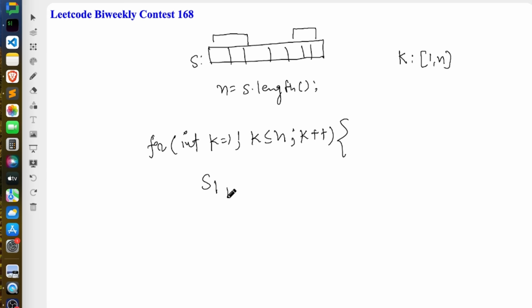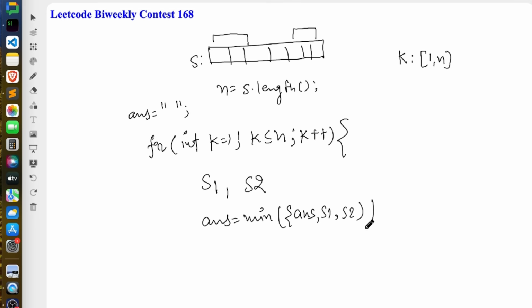Similarly, s2 would be the string obtained by reversing the last k characters. Let's say answer is initially an empty string. Then we can simply update answer equal to the minimum of answer, s1, s2.